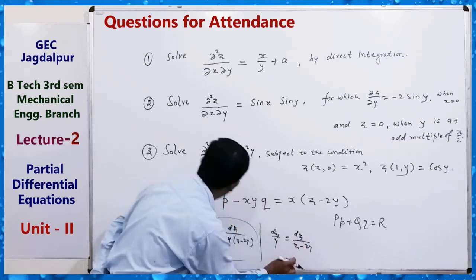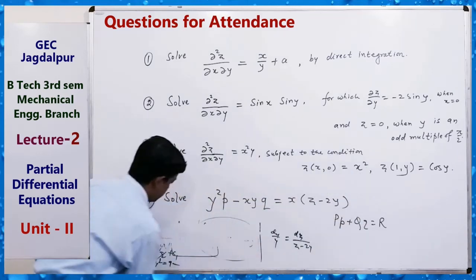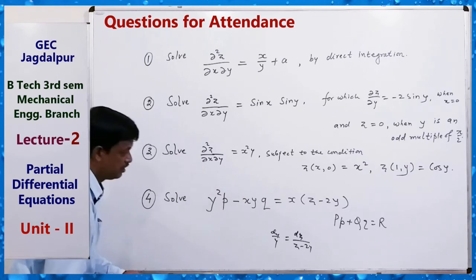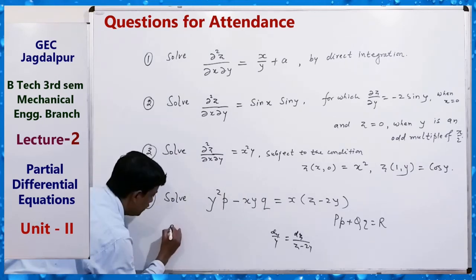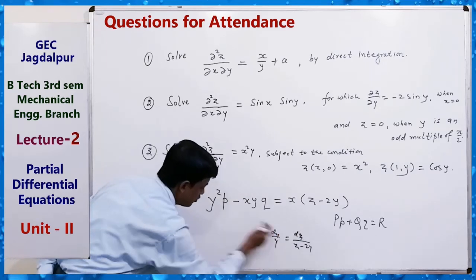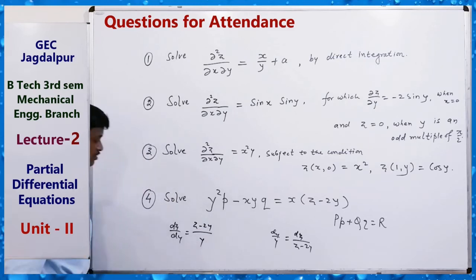We can write dz upon dy equals z minus 2y upon y.